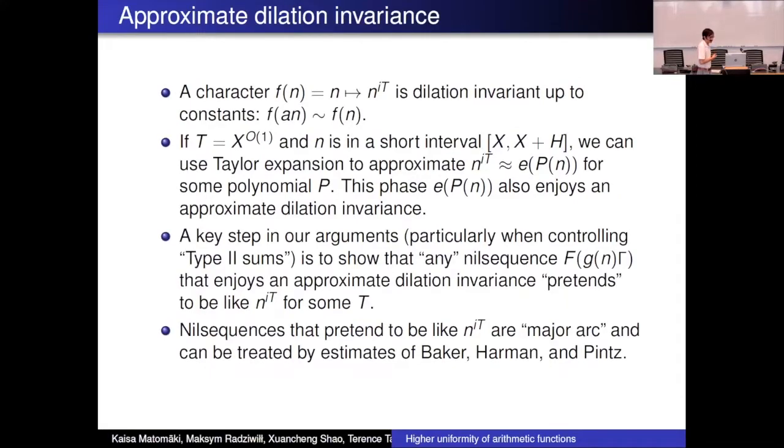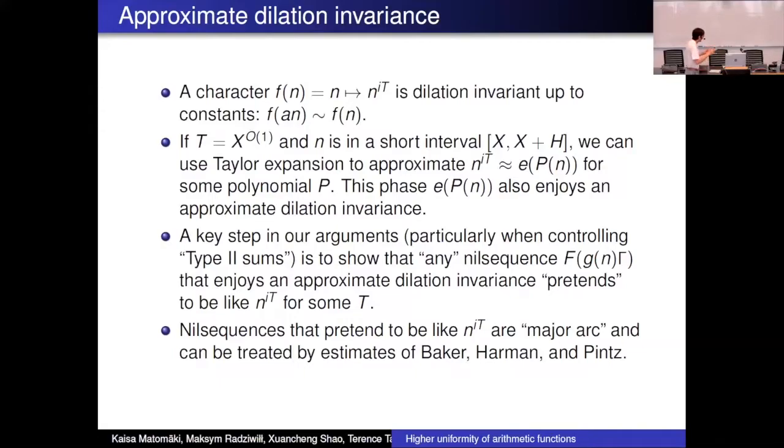Another tool we use is a classification of approximately dilation-invariant nilsequences. The way we start is the way everyone starts in this business. We use decomposition identities like Heath-Brown's to decompose into these things called type 1 sums and type 2 sums. Type 1 sums are fairly well understood. There are also type D2 sums, which show up in some cases.